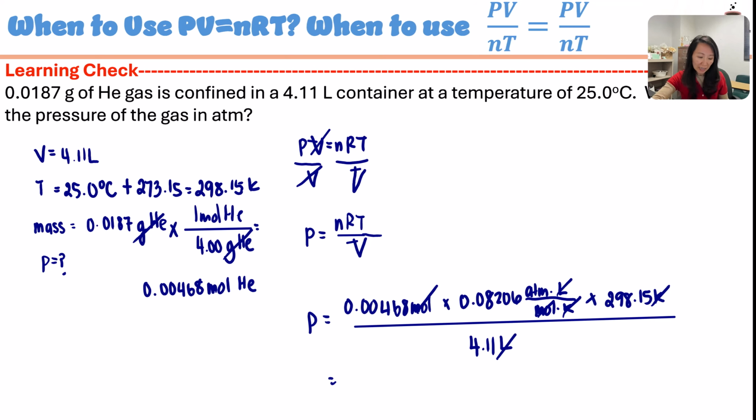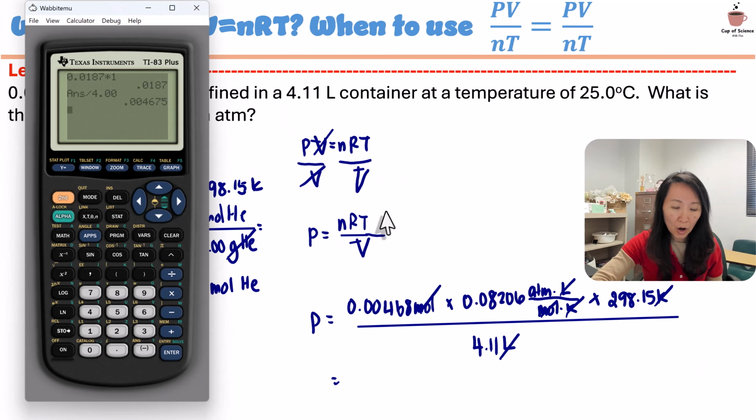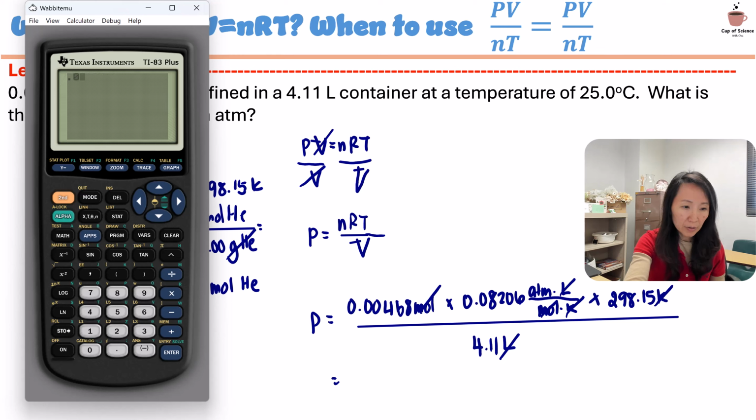So let's go ahead and calculate this out. Putting all of this together, this would be 0.00468 times 0.08206 times 298.15.